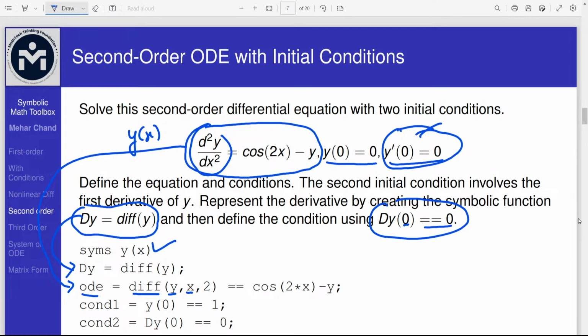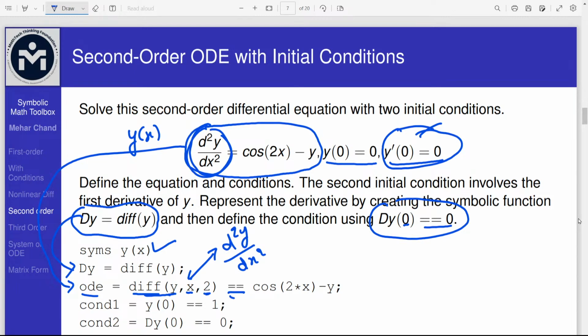For the first order we need not require any number, but for the second or third order you can use a number at this place. This number represents the second order derivative of y with respect to x. So this expression means d squared y upon dx squared. This is the corresponding syntax in MATLAB.